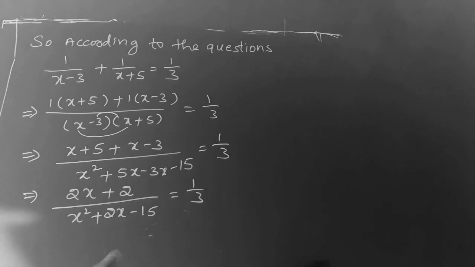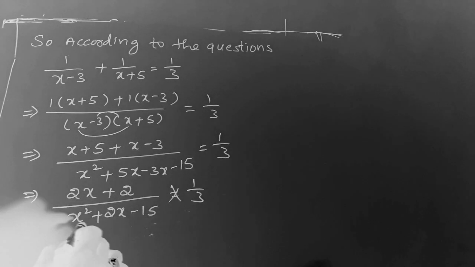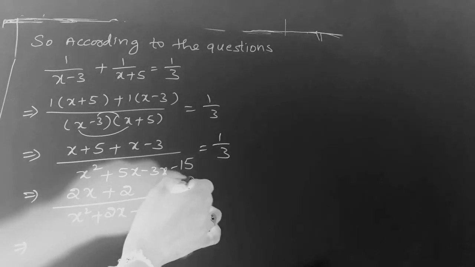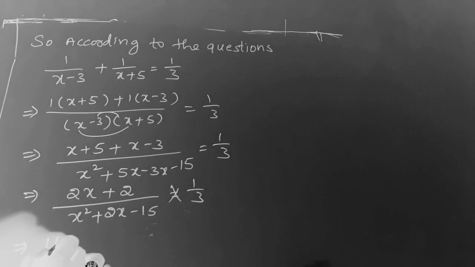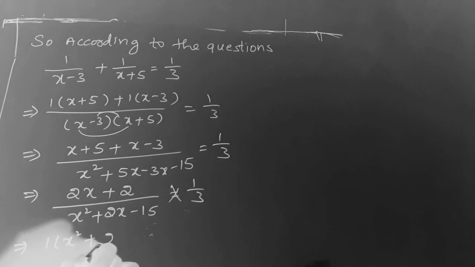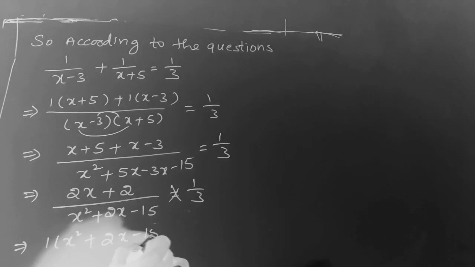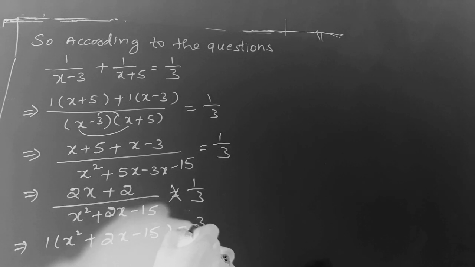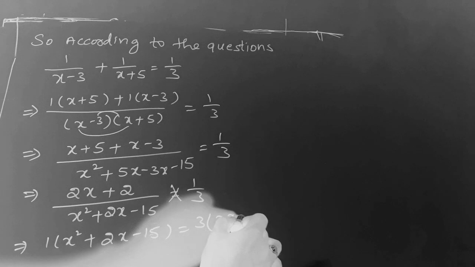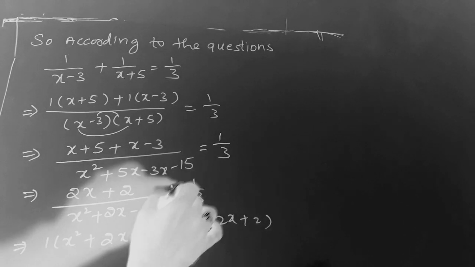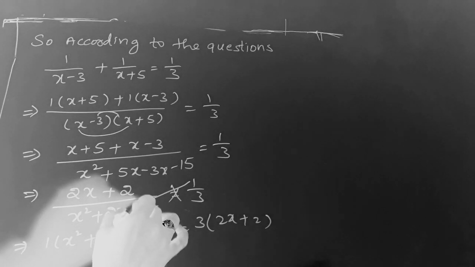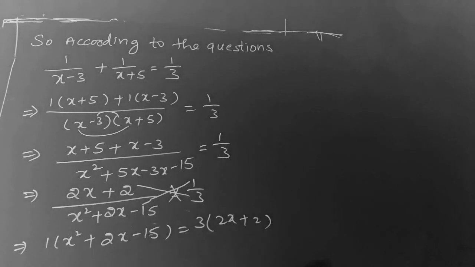Now do cross multiplication. That is 1 into x square plus 2x minus 15 is equal to 3 times 2x plus 2. Cross you should multiply like this. These two you should multiply and these two you have to multiply.